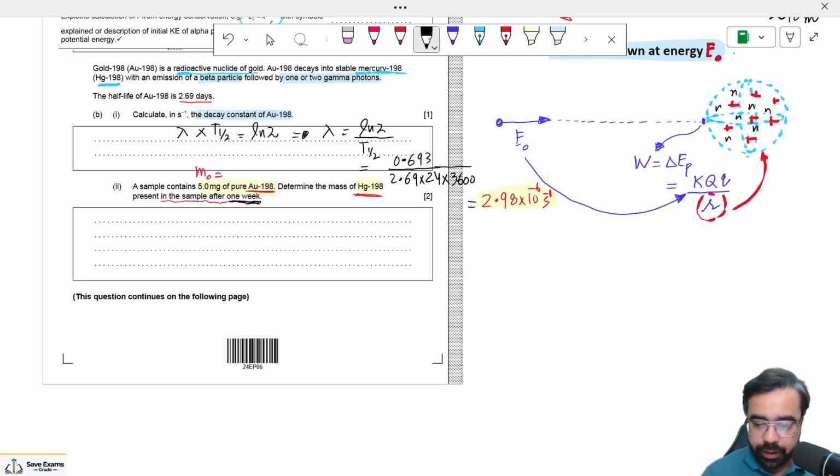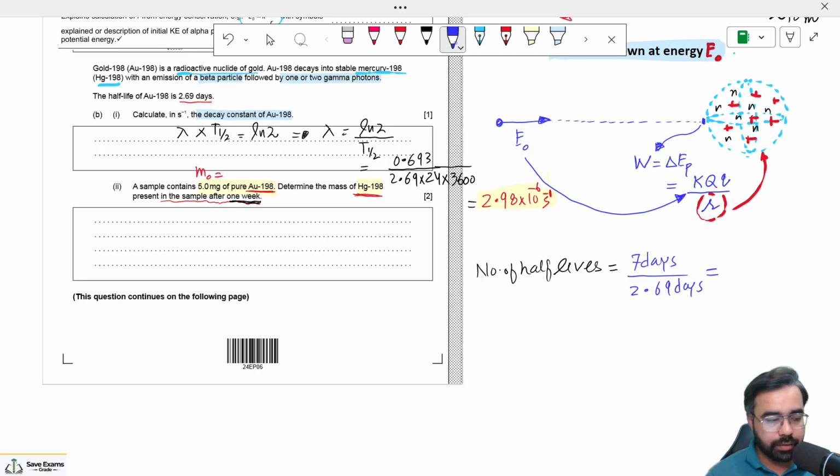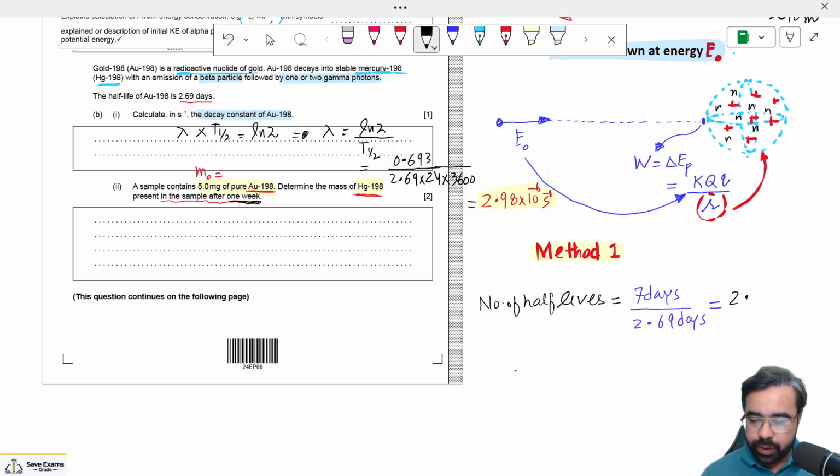So how can we find the number of half lives? We know the total time, that is 1 week, 7 days, divided by 2.69 days. So the number of half lives is 2.60.